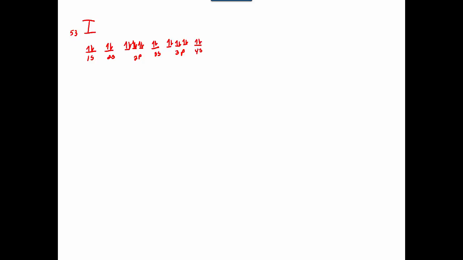Now remember, we're going to fill the 3d next. So we have the 5 3d orbitals. And that'll be 1, 2, 3, 4, 5, 6, 7, 8, 9, 10 electrons in the 3d. And then we have the 4p, so 3 4p orbitals, 6 electrons in the 4p subshell.